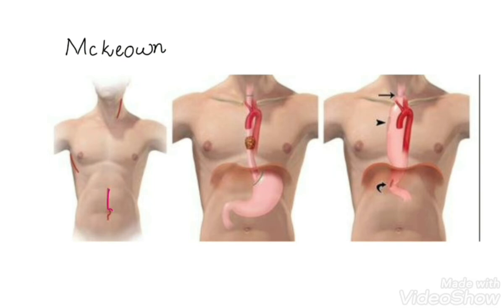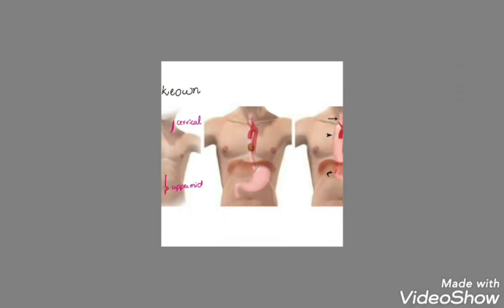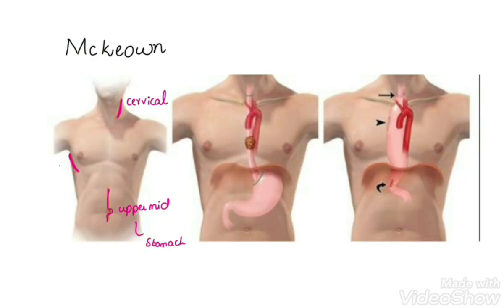In the McKeown approach, along with the upper midline and the lateral thoracotomy incision, an extra cervical incision is performed. The stomach and esophagus are mobilized in the same way, but after the tumor and tumor-free margins of the esophagus are removed, the stomach is pulled up till the neck, and anastomosis is done in the cervical region.